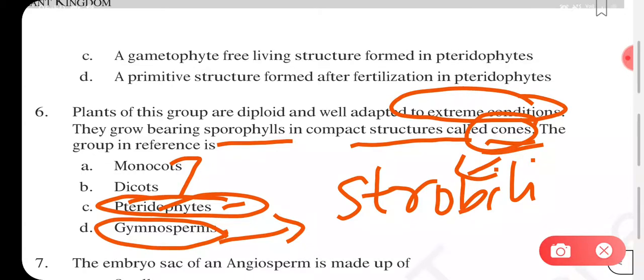If it is a male strobilus, it consists of microsporophylls bearing microsporangia. If the cone is a female strobilus, it consists of megasporophylls bearing megasporangia. So these things you should know. So here the correct answer for the sixth one is option D.